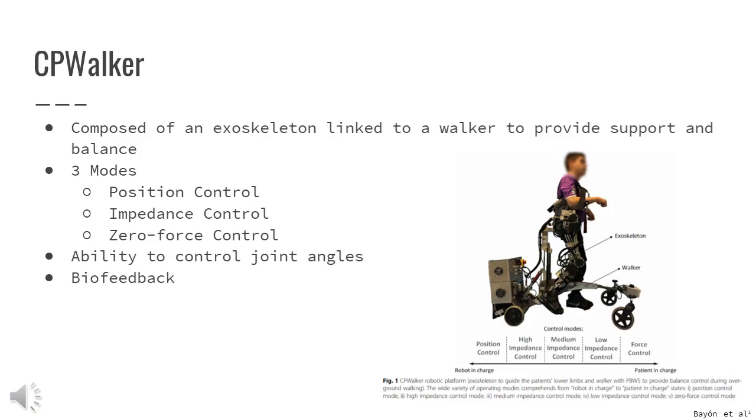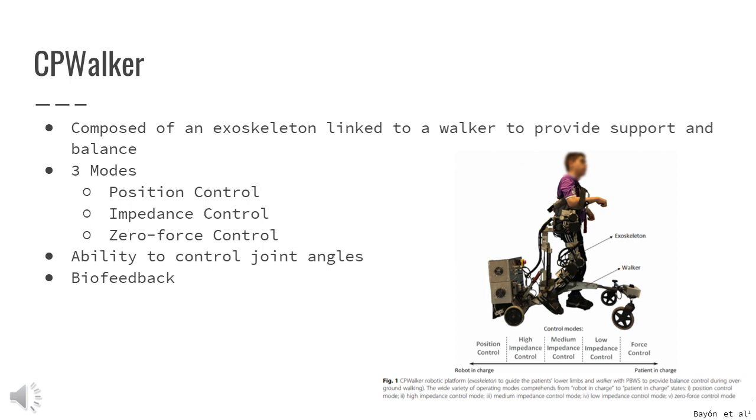A little more information on CP Walker itself. It is composed of an exoskeleton linked to a walker to provide support and balance. There are 3 modes that can be activated. First one being position control. So this is essentially the robot is able to impose prescribed gait patterns. The aim here is to teach the patients proper walking sequences correctly. The second one is impedance control.